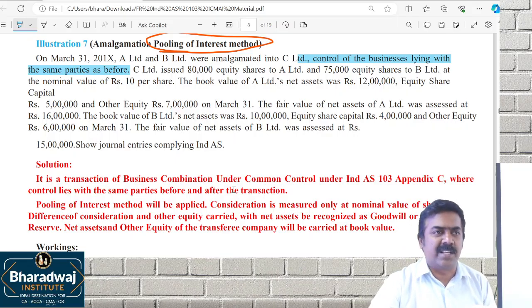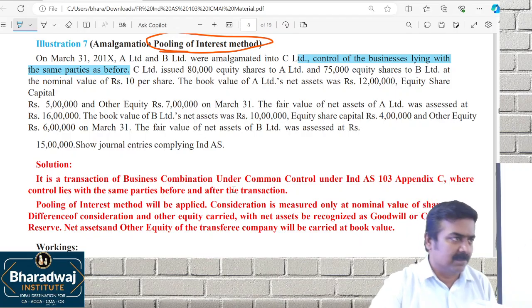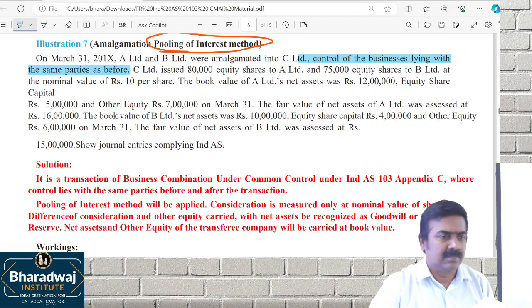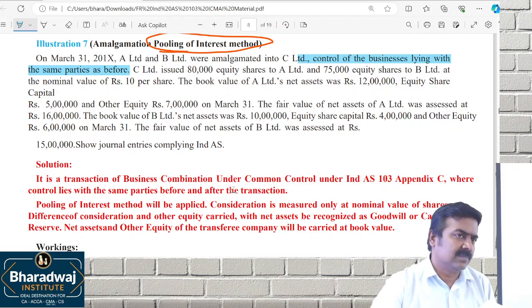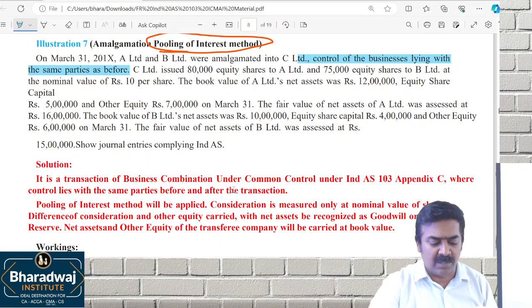When you allot 1 lakh shares of 10 each, it will be 1 lakh into 10, that's all. Don't record the premium. It will be recorded at nominal value.